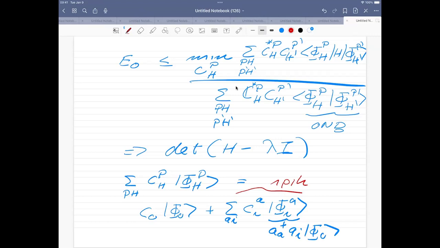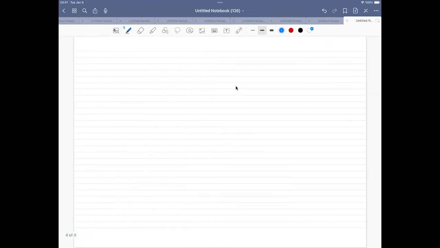So this is something which we ended up labeling as a one-particle, one-hole state. Then in principle, we have up to n-particle, n-hole excitations. So this sum continues, and then we would have a sum which runs over a, b, these are particle states, and i, j, these are states below the Fermi level.